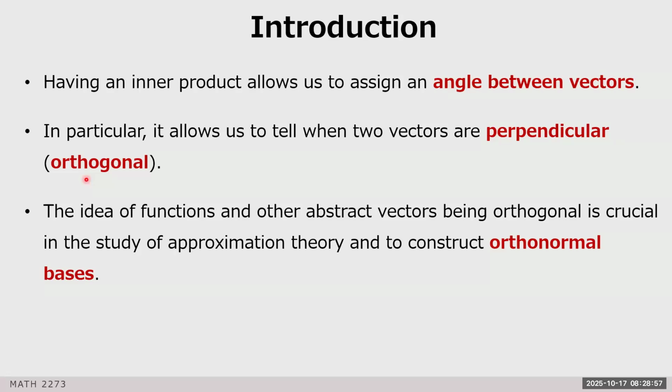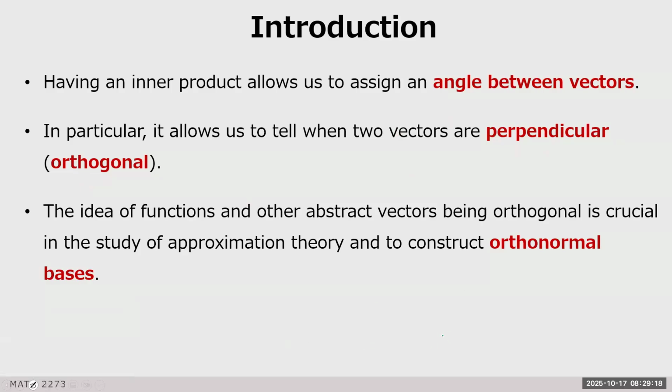Orthogonal is just another fancy word for perpendicular. So the inner product, yes, it allows us to measure angles between two vectors, but the angle we are after is essentially 90 degrees, right? That's the angle that we are after.